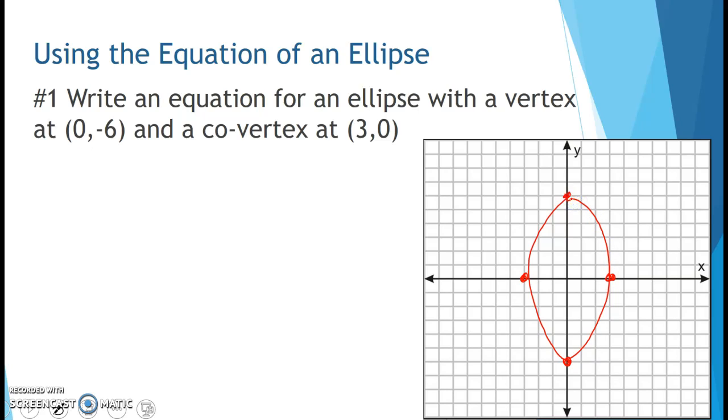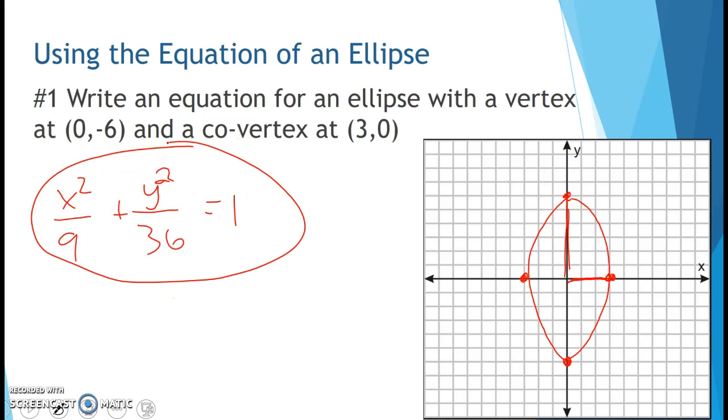So this particular equation is going to look like this. We're going to have x squared over, this is now my b value, which is 3, and 3 squared is 9. So x squared over 9, plus y squared over, in this case, the A value, which is 6. If I square it, that's 36. That equals 1. And that's my equation for this ellipse.